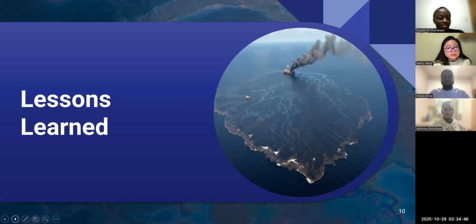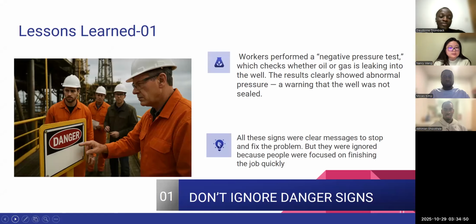Okay, moving over to the lessons learned. The Deepwater Horizon being one of the most catastrophic disasters in history, there are a lot of lessons we can learn from this error. And the first lesson is not to ignore danger signs. Most of the workers, the BP and Transocean, ignored a lot of test results, and like we saw earlier, the overconfidence bias.